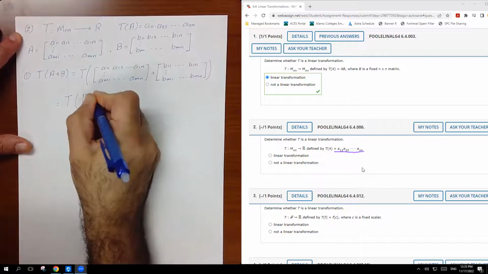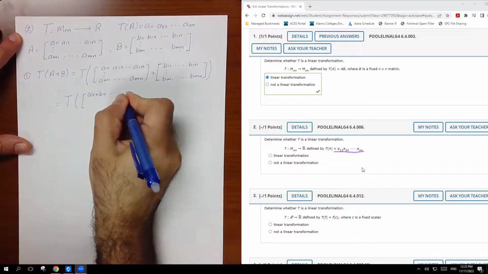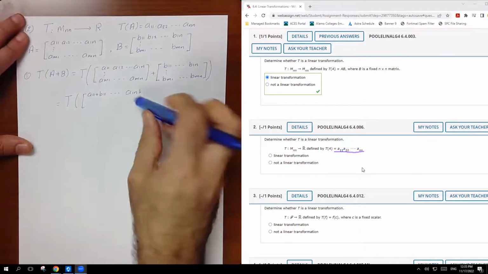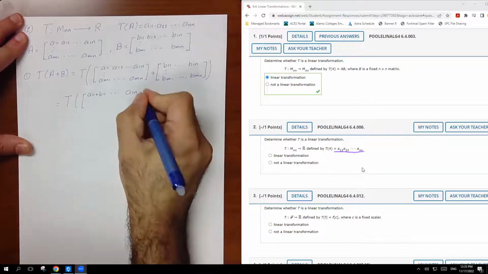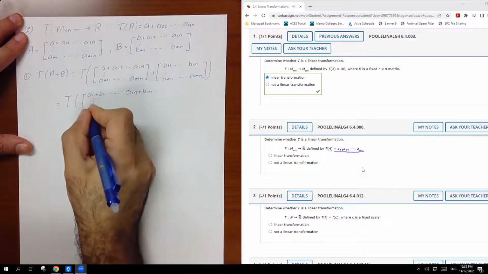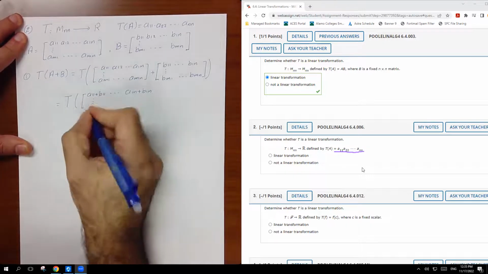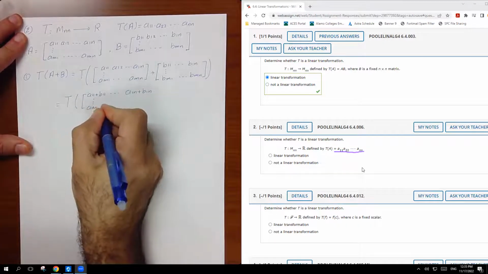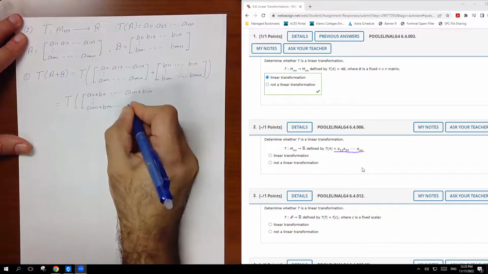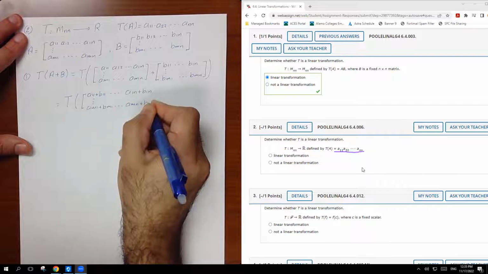It's going to be A11 plus B11, until A1n plus B1n, and here Am1 plus Bm1, until Amn plus Bmn.